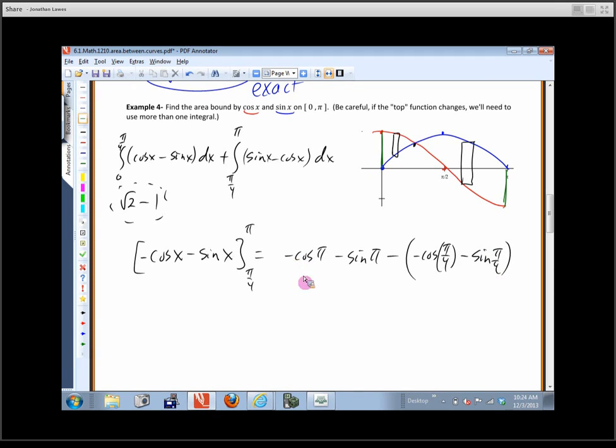Let's see, cosine of pi is negative 1, so this is going to be a 1, right? Minus minus 1. Sine of pi is 0. I'll do a little bit of work here to make that a little bit easier. So I get a 1, and then I get plus radical 2 over 2, radical 2 over 2.